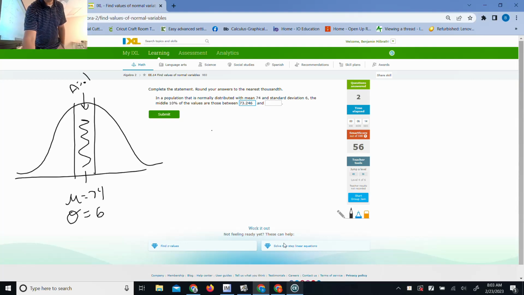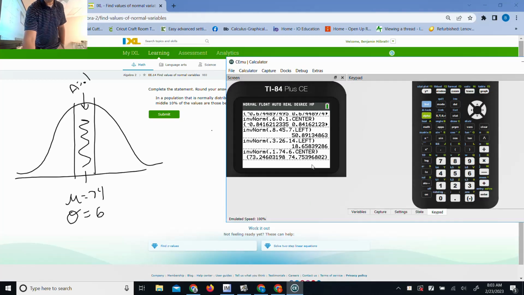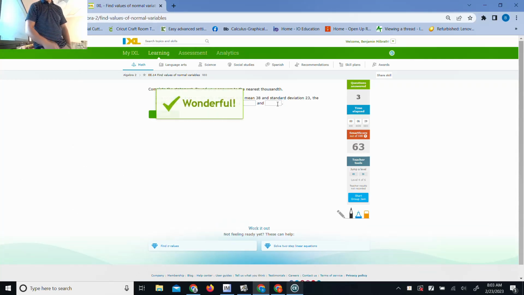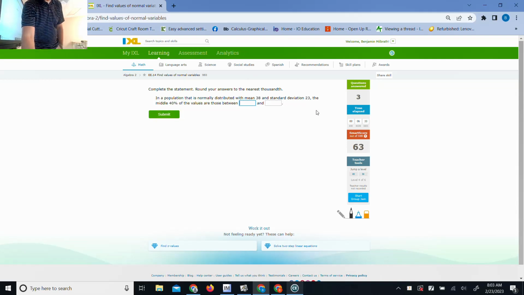That's your left value. The right value would be this guy right here, 74.754. Wonderful. And there's another middle. I'm not going to do another middle. It's the same thing.